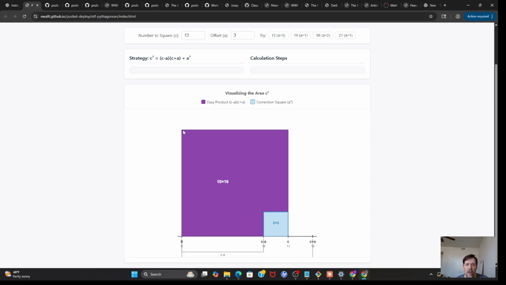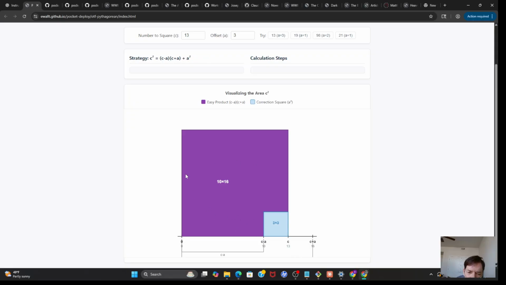I'm going to choose 13 for the big square, so c is 13. And then I'm going to divide the area into another square and a boomerang. The boomerang represents the sum of the products, and the small square is the distance from the midpoint to the endpoint squared.